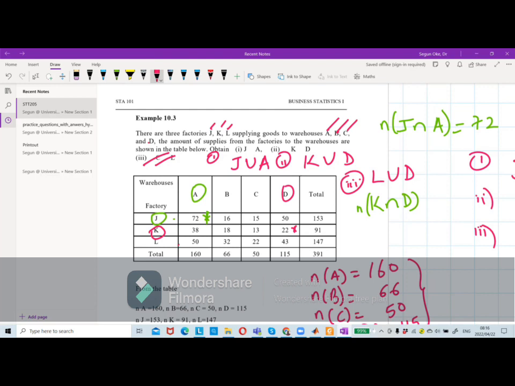Remember, it's not K intersects A. If it's K intersects B, you pick this. If it's K intersects D, you pick this. But it's K intersect D. Okay, 22.